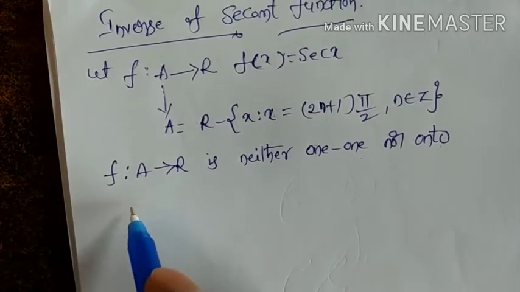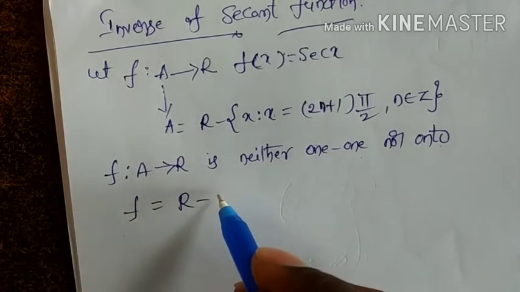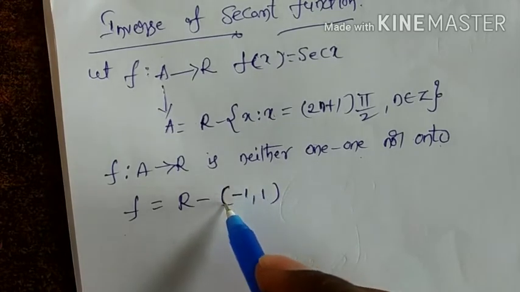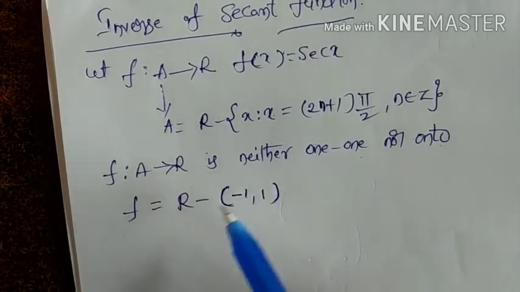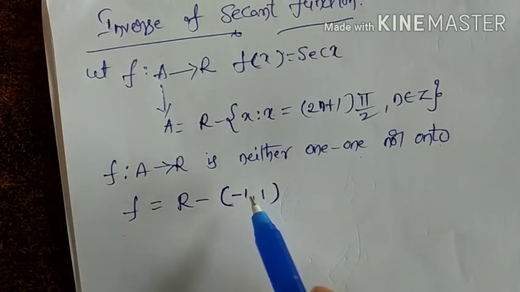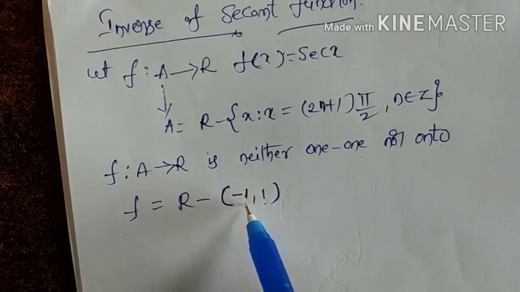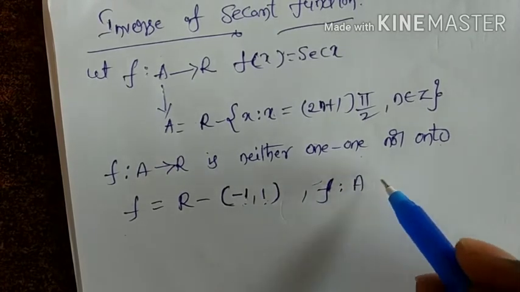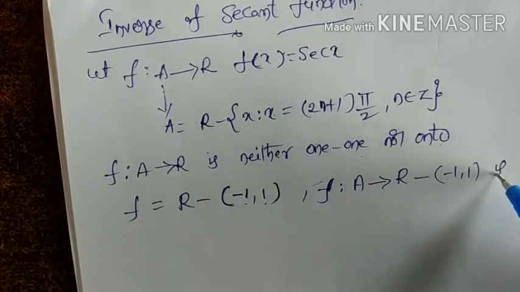But the range of the function f is R minus the open interval (minus 1, 1). So the range of function f is, except these values, remaining values we will not consider. So the function f from A to R minus (minus 1, 1) is an onto function.